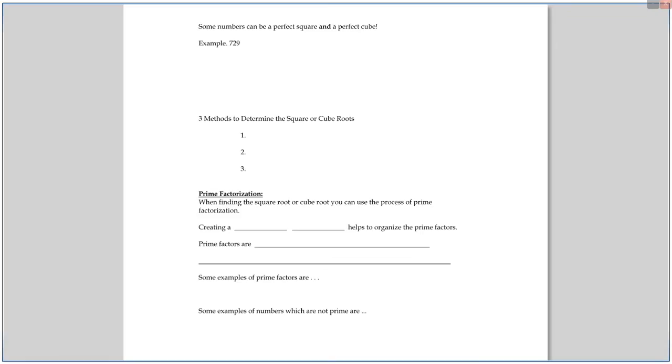Prime factorization. When finding the square root or cube root, you can use the process of prime factorization. So what is prime factorization?